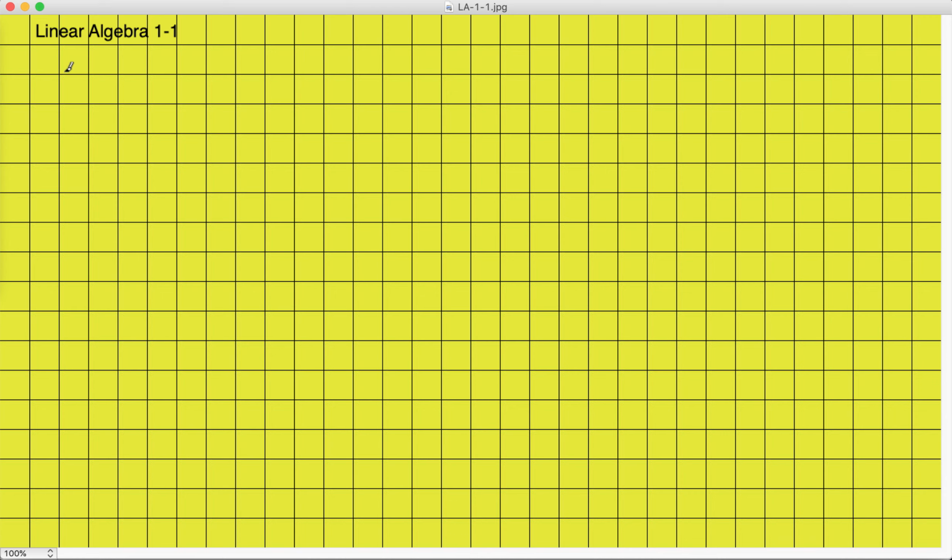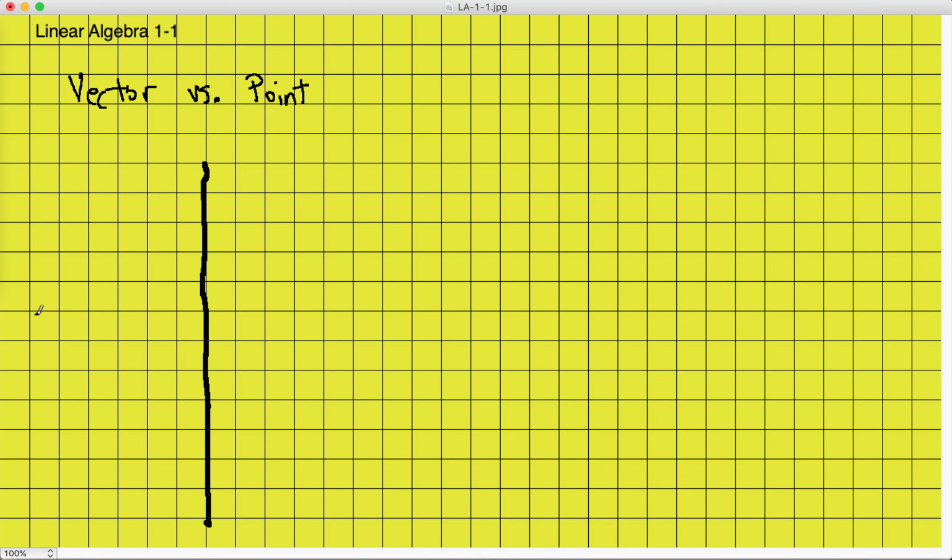But the first thing we have to do is talk about the whole notion of this thing called a vector. And we need to contrast that with just a simple point. So what I'm going to do over here is assume that we have some coordinate axes. I'm going to draw an X and a Y plane here.